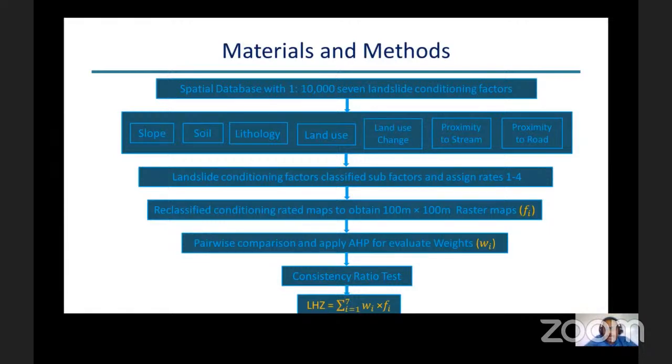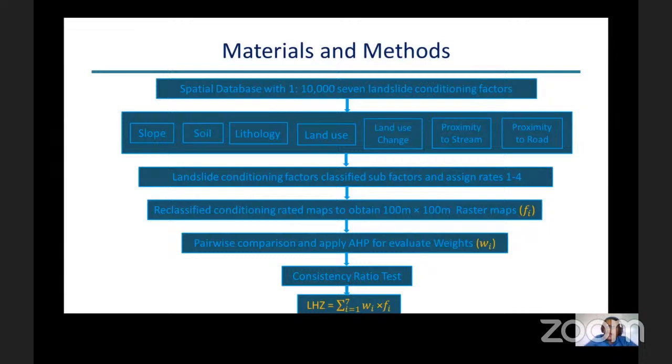Then we needed to identify which factors contribute more to the landslide hazard of this district. Therefore, we conducted a pairwise comparison test using the analytical hierarchy process to evaluate the weight of each of these factors to determine the level of hazard in Ratnapura district.